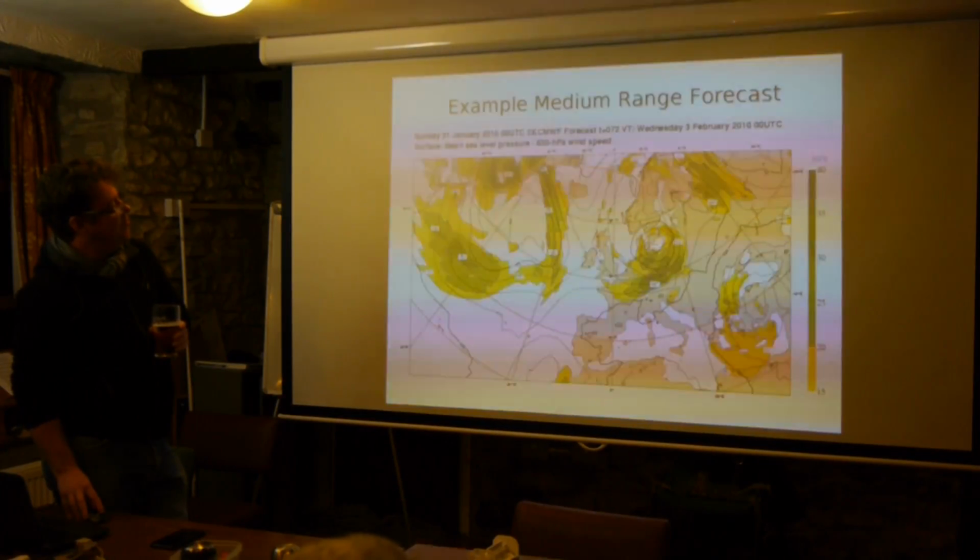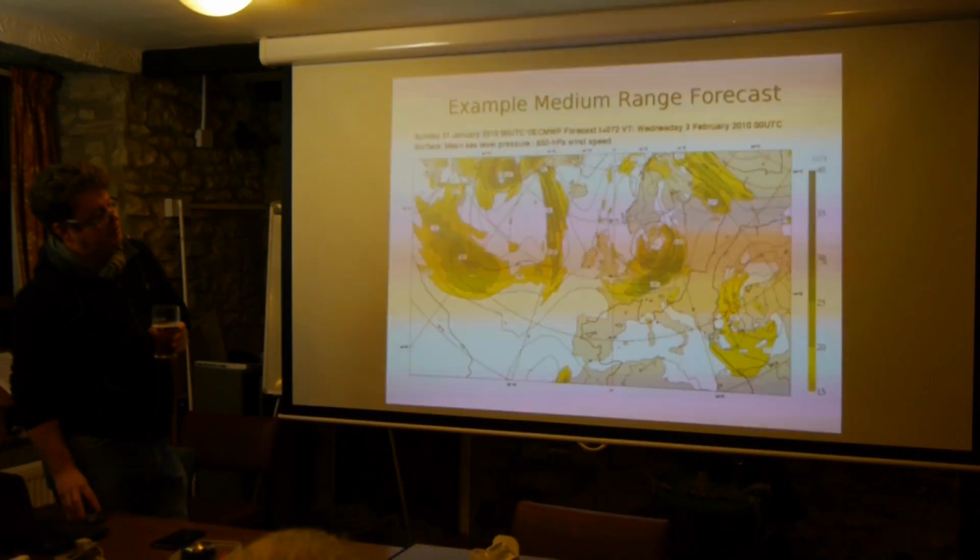This is a medium range forecast, so Sunday 31st of January. So that's looking forward from a Sunday to a Wednesday kind of thing. You can see that we've got isobars, so we've got areas of high and low pressure marked, but you can see that the yellow and green areas actually mark wind strength at the surface.